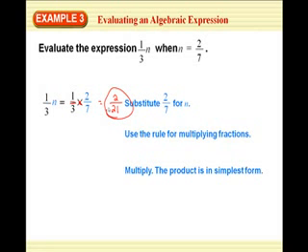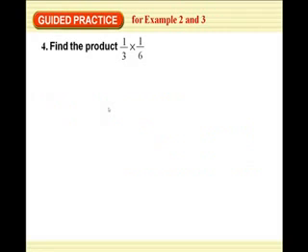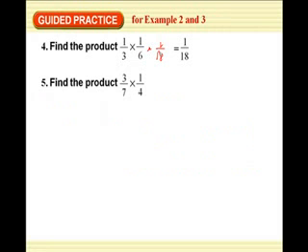So we substituted, and then our answer is 2 over 21. Okay, so top times top, 1, bottom times bottom, 1/18. 3 times 1 is 3, 7 times 4 is 28. We still look to see if we can reduce, and we can't.